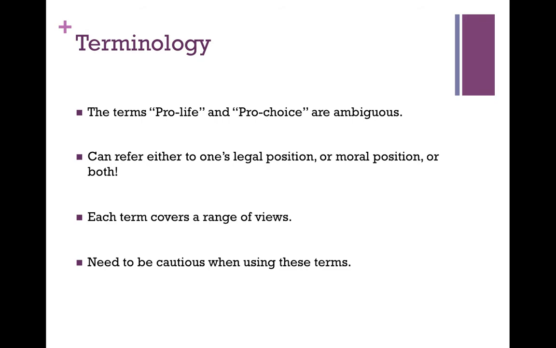But not only that, these terms, both of them cover a wide range of different views. And what you find is that some people describe themselves as pro-life, and that can mean a lot of different things to a lot of different people. For instance, some people describe themselves and they say they're pro-life, and they have a very, very radical view.